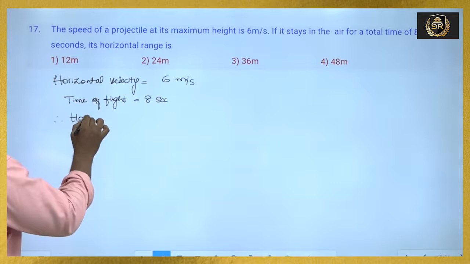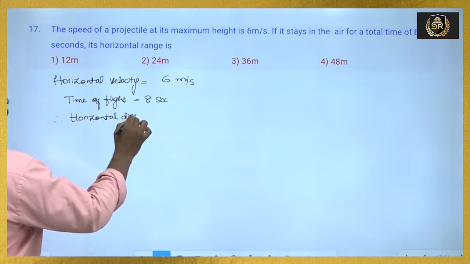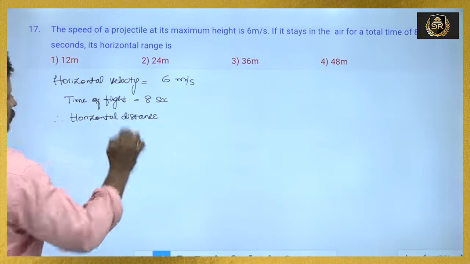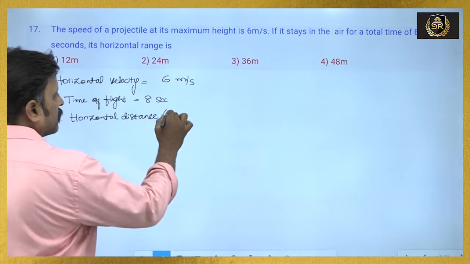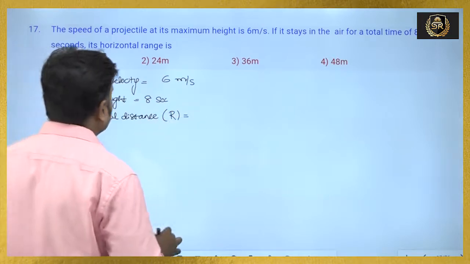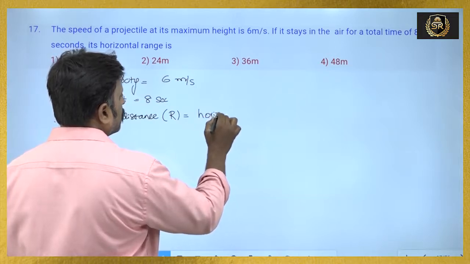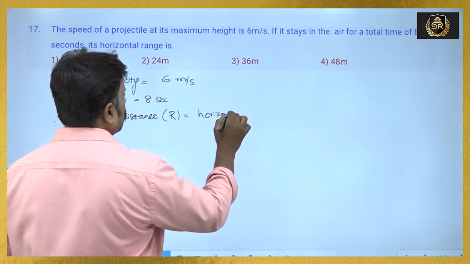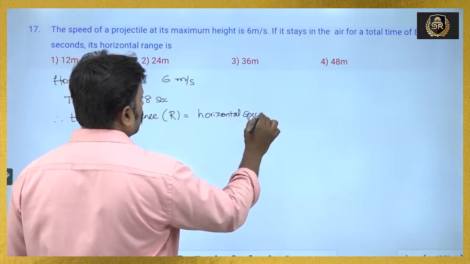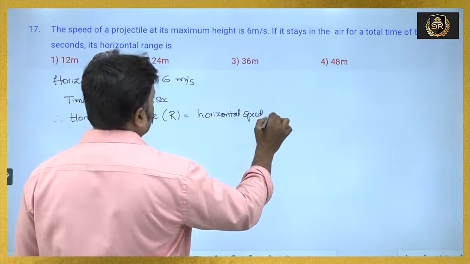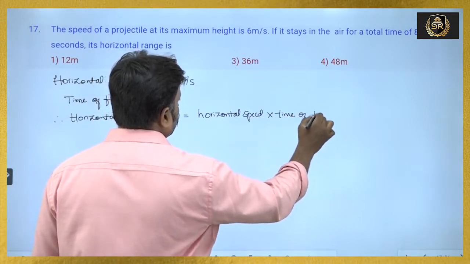Horizontal distance is nothing but range, is equal to distance is equal to speed into time. So I can write horizontal speed into time of flight.